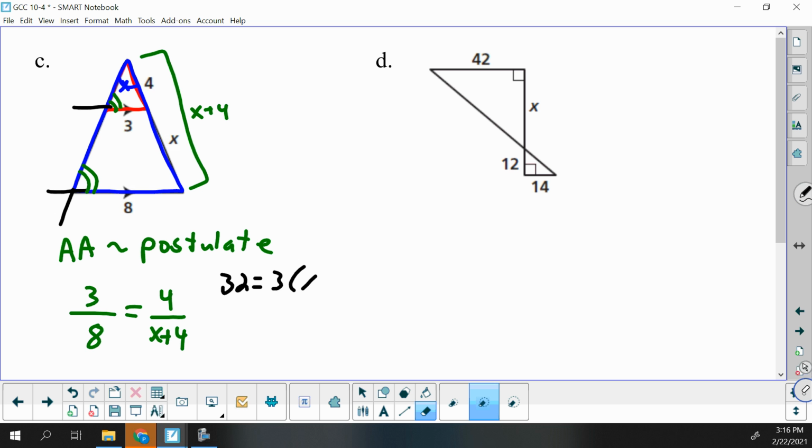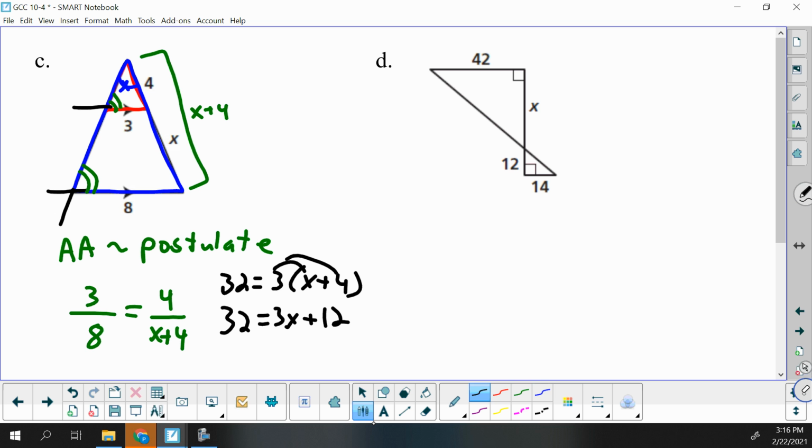And that 3 will have to distribute to both parts of the x plus 4. So we'll get 32 equals 3x plus 12. Subtract the 12. That's 20 equals 3x.